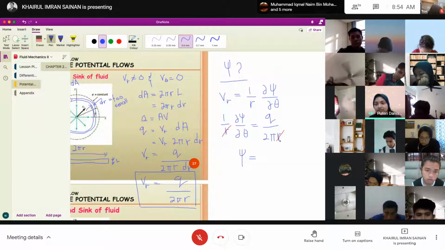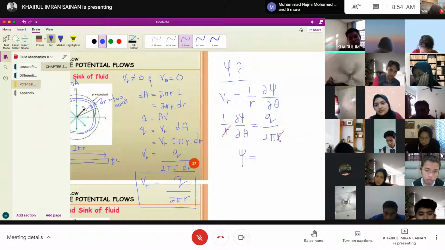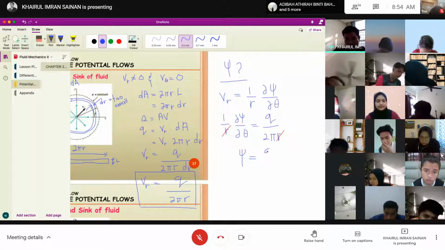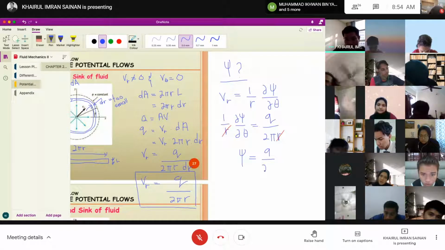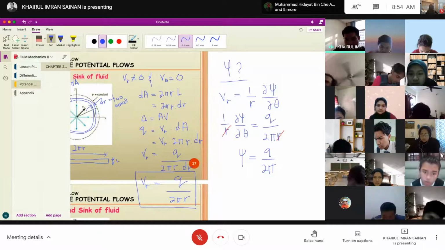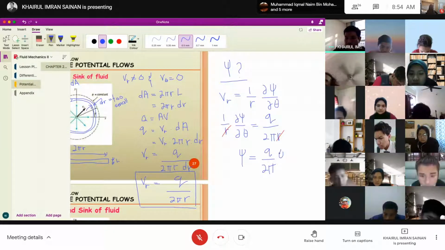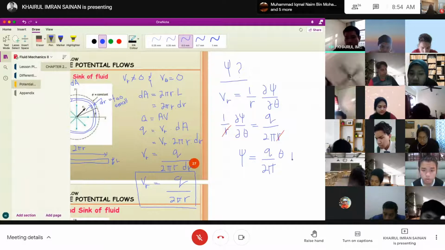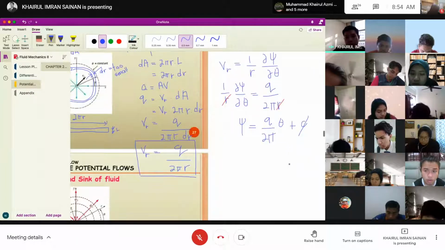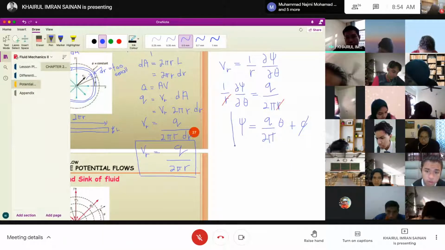Q theta over 2 pi. Okay, yes, correct, plus C. So you have Q divided by 2 pi theta plus C. But C again, just ignore it. So in the end, psi equals Q divided by 2 pi multiplied with theta.